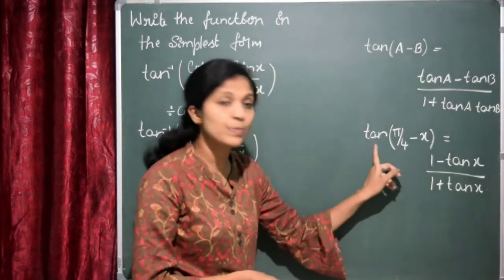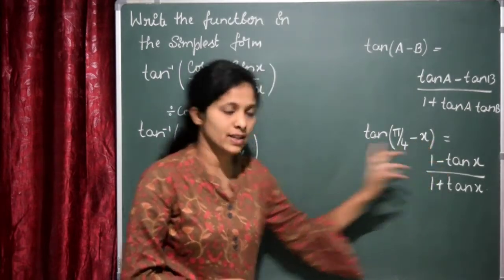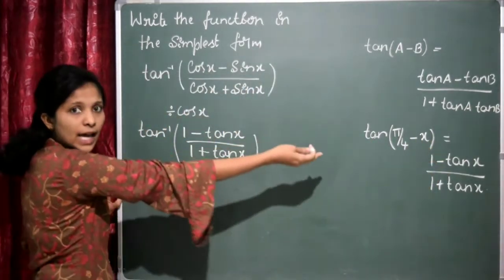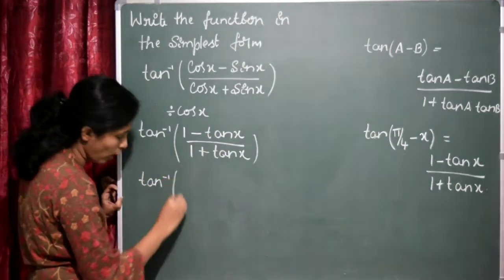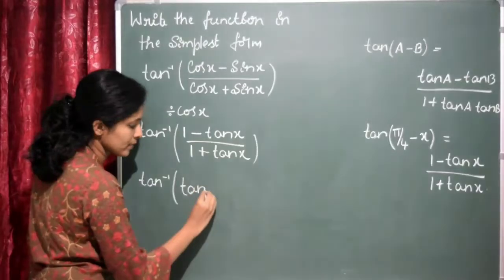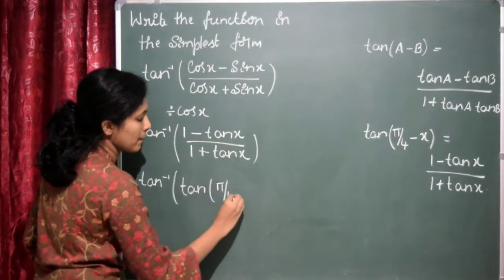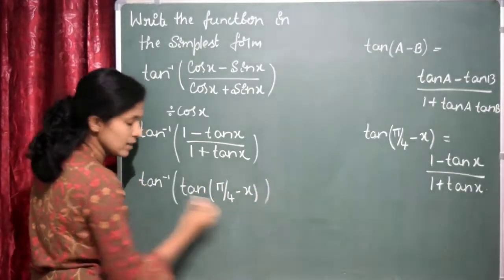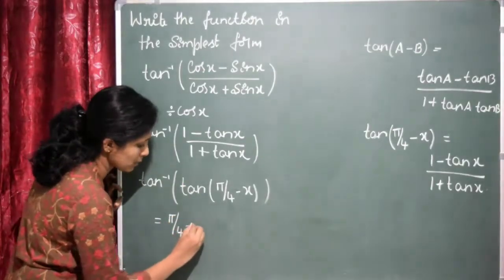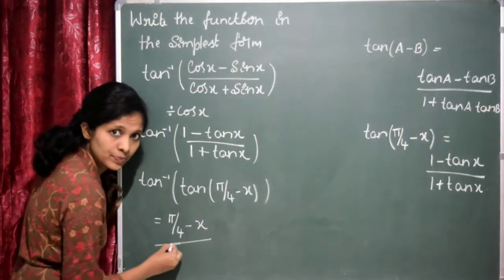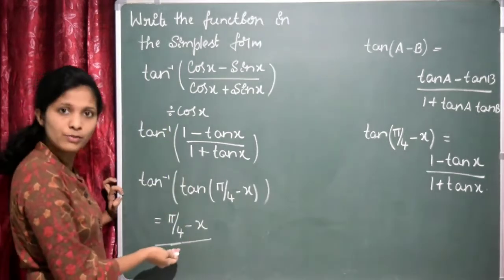So that is equal to tan of pi by 4 minus x. So we can substitute this one as tan of pi by 4 minus x. So this will be now tan inverse of tan of pi by 4 minus x. Here tan inverse and tan will get cancelled. This will be equal to pi by 4 minus x. Simple? Yes, this is the simplest form of this one.